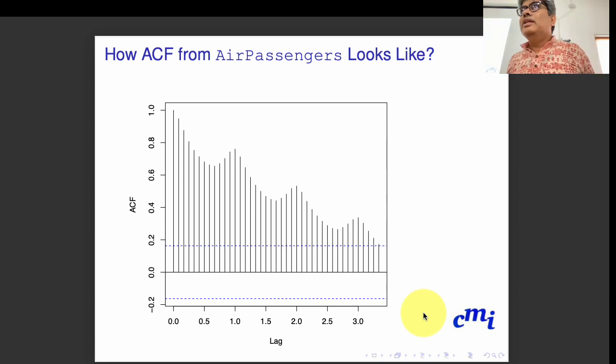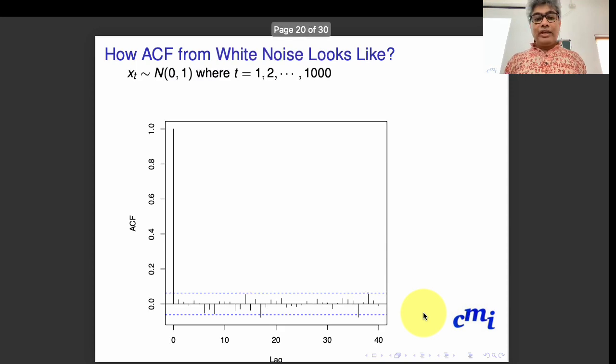It has something. Definitely a strong signal is there. Let's do something. But when you get a series, look into the ACF plot, and if all the ACFs are somewhat like this, you know it's a white noise. There is no signal. It is completely garbage. Move on to another series.